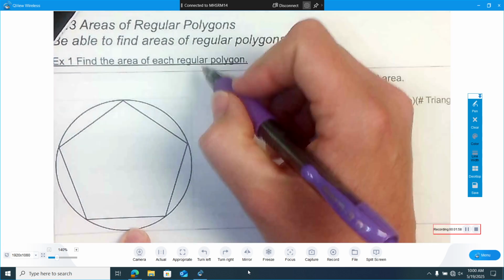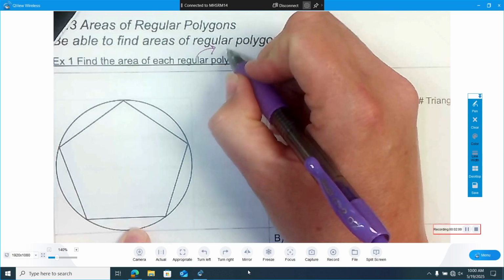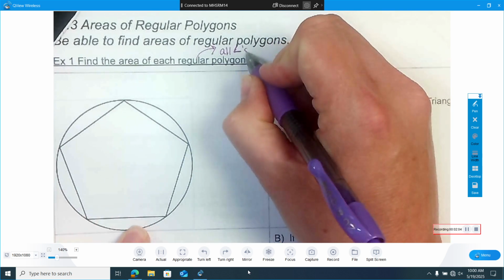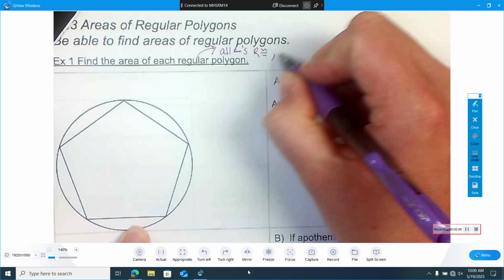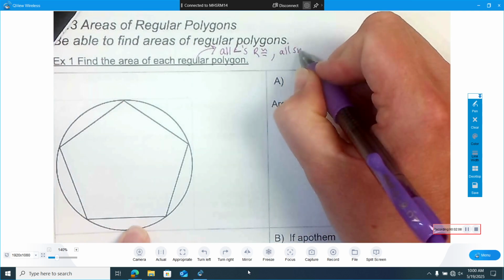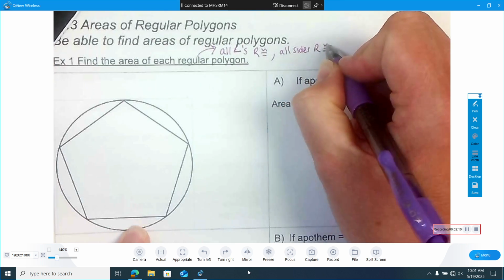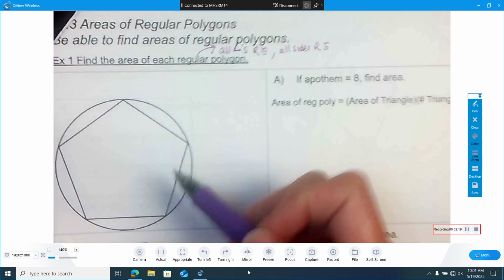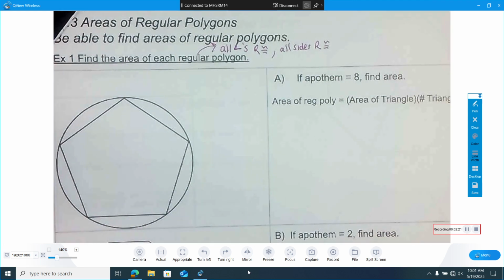And to be regular, it means that all the angles are congruent and all the sides are congruent. So a square is an example of a regular polygon. And the reason we're going to inscribe this in a circle is because we have some vocabulary.